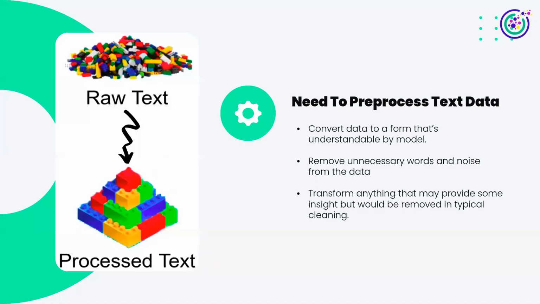So why do we need to pre-process data? First, as I have already told, you can't just feed a raw text to the data set itself. You can't pass the string to the model as it is. So you need to first convert it into a form that is recognizable by the model, right? And second is removing unnecessary details, right?